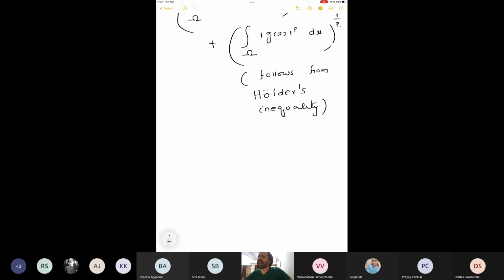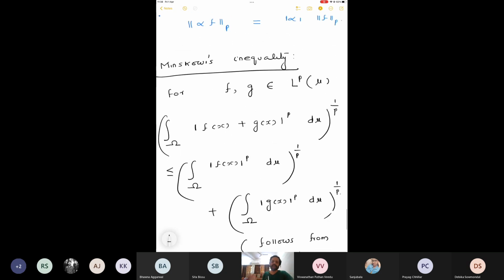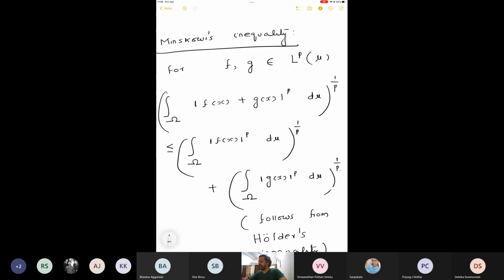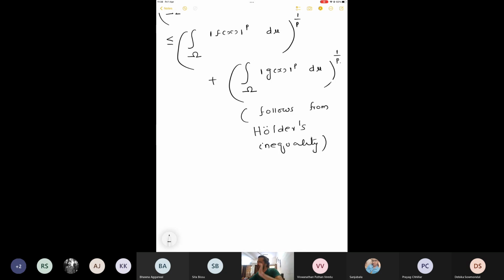And the arithmetic geometric mean inequality can be derived from the simple fact that whenever x is a real number, x square is greater than or equal to 0. So it is very interesting to see that with a trivial thing, x an element of R implies x square greater than or equal to 0, you can go to the AM-GM inequality, and from there you can go up to Minkowski's inequality in a sequential way. I don't have time to do that. So let us accept Minkowski's inequality and keep in mind that its proof is non-trivial and follows from Holder's inequality. That much is enough.